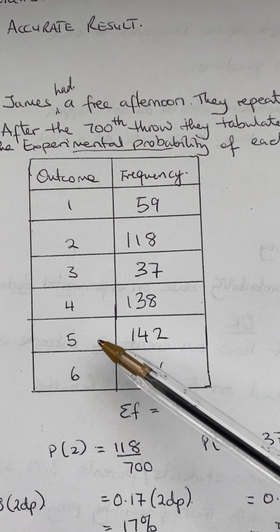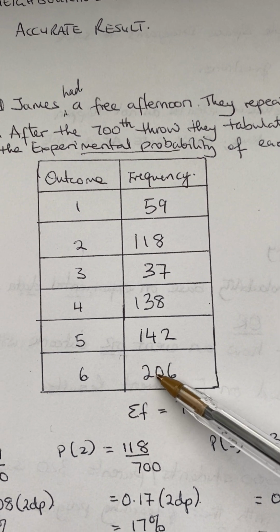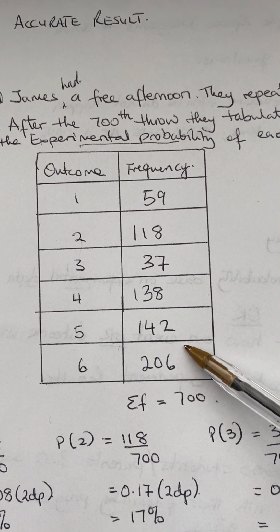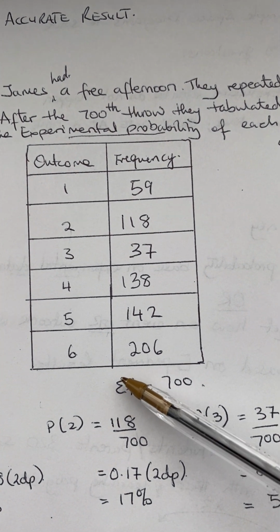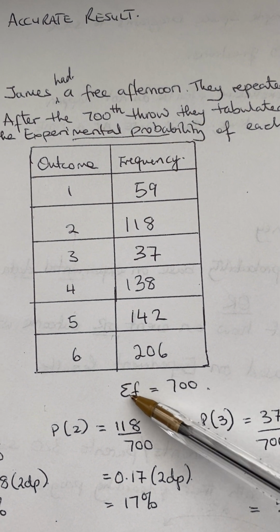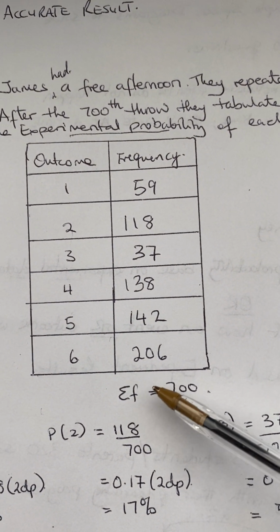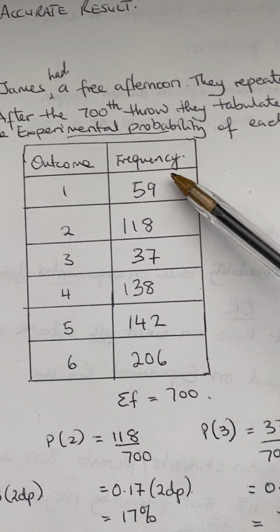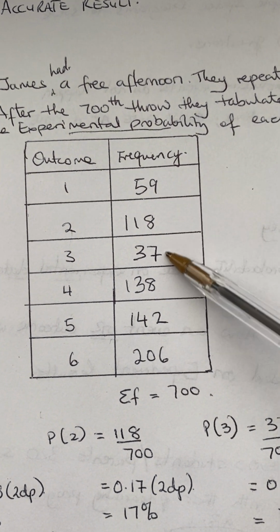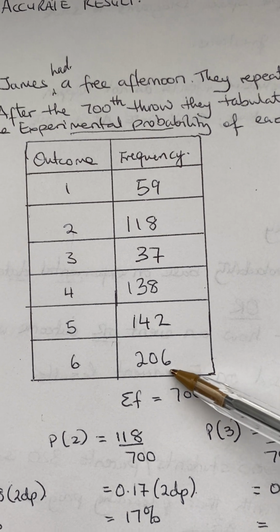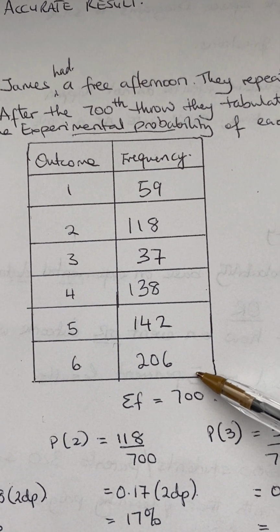Okay, for 5 they got 142. For 6 they got 206. Okay, I told you this sign is called sigma. So sigma f, the summation of the frequency, is 700. I checked. If you add everything here, they had 700 throws. So it's 700.